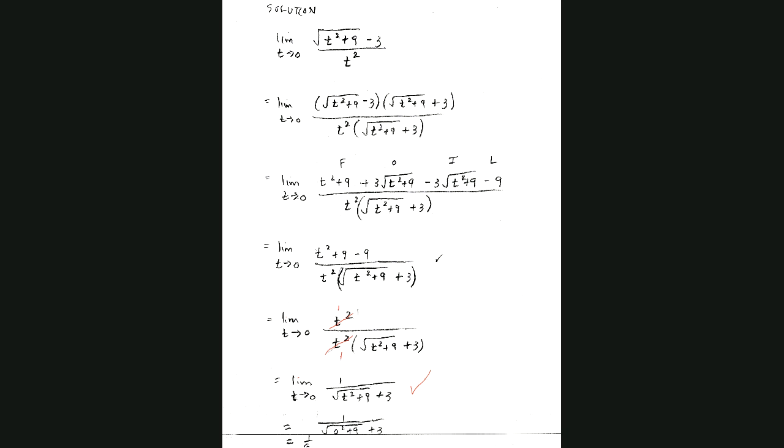Okay, so are we able to take the limit here as t approaches 0? We absolutely can. We can just substitute in the 0, and you're going to get 1 over the square root of 9 plus 3.